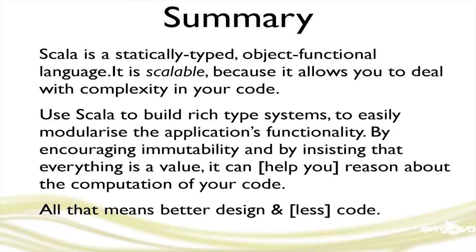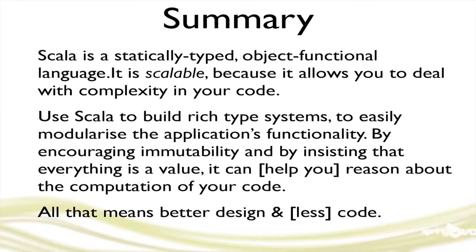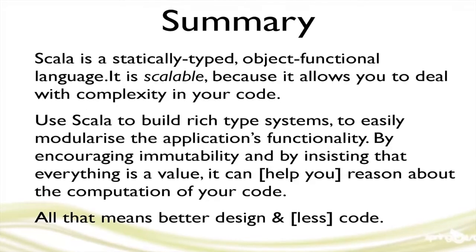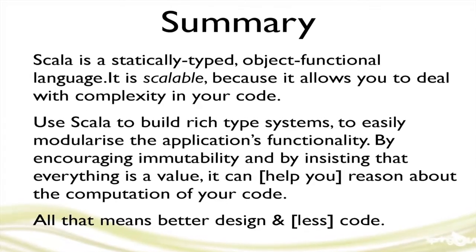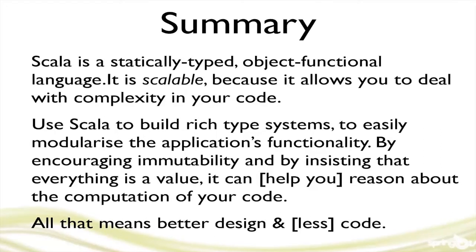So in summary, Scala is a statically typed object functional language, which some people find absolutely shocking, but it's actually quite useful. It is scalable because it allows us to deal with complexity in our code. And it does that by, obviously, the higher order functions, higher order kinds that you can do in Scala, the type variables that you can parameterize as well, and the mix-in composition.